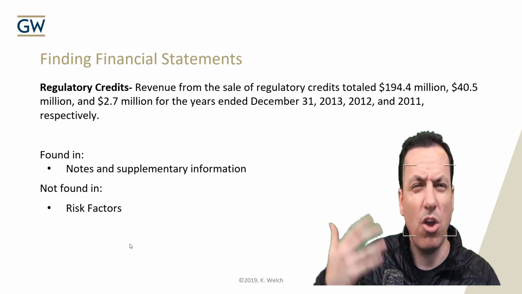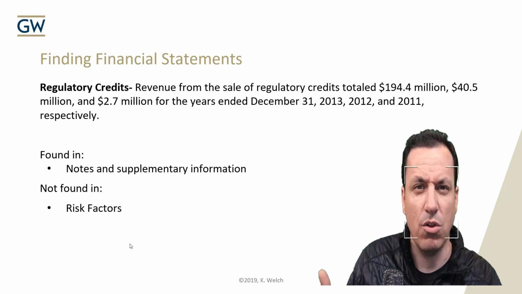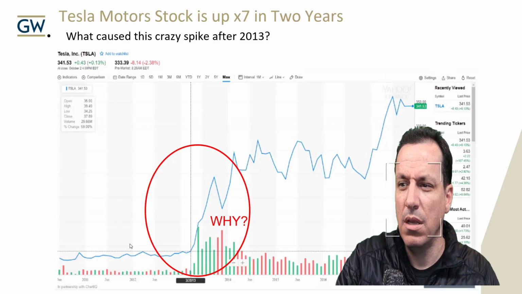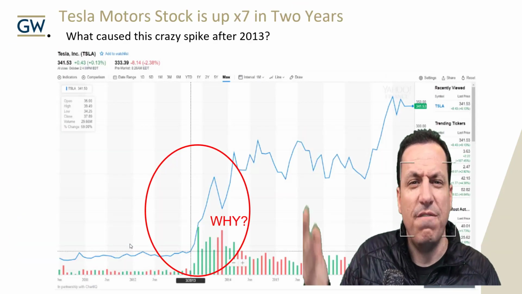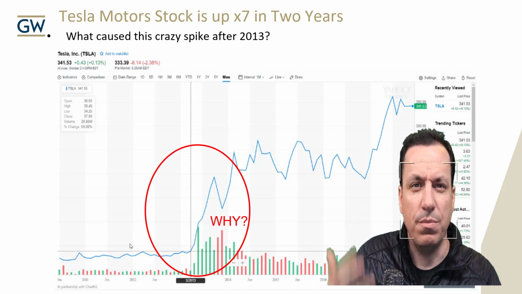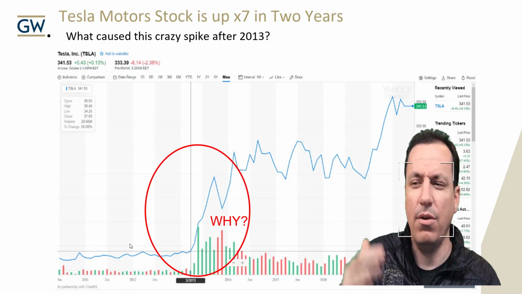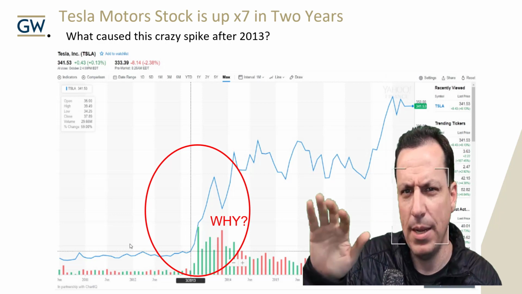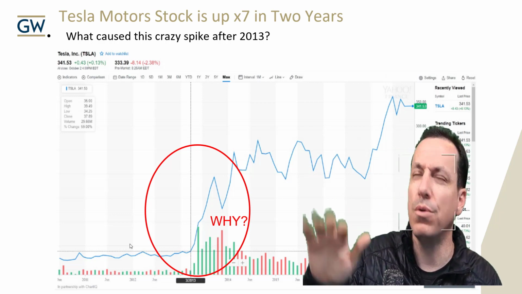So this is what caused this value gain in 2013 that caused the stock to do this. All of a sudden, they had figured out how to get additional margin from selling cars. And I don't even know if this is factored into the analysis here. It's not just margin, it's margin from competing car companies, which is so cool.